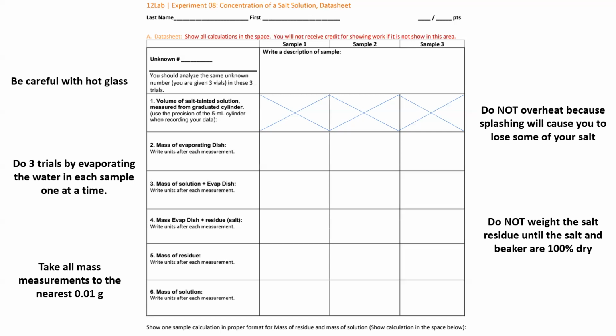For the mass of the solution, you need to write 46.20. So when you are subtracting values, if the last number is a 0 and the precision is to the hundredths place, you need to include that 0. That's really, really important. And a lot of you make that mistake and then mess up your significant figures.